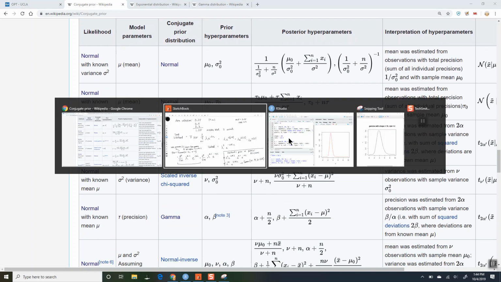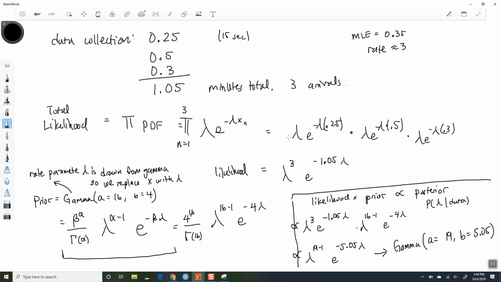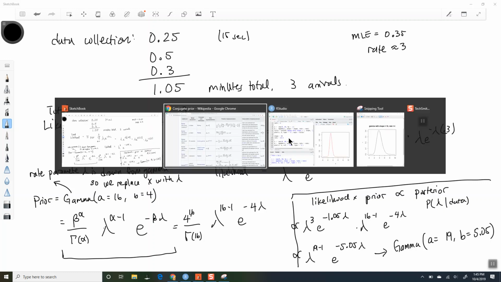I do think it's worthwhile to do some of the math yourself and see if you can arrive at the same resulting parameter selections. In your homework, I have you do it for the normal distribution. The normal distribution is a little bit of a pain. You've got to do some algebraic manipulation to get things to work.